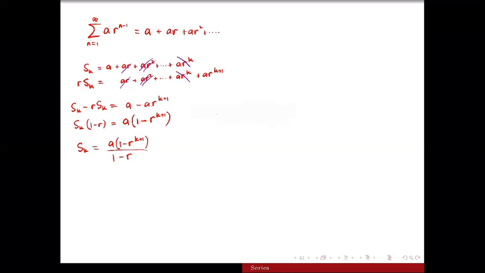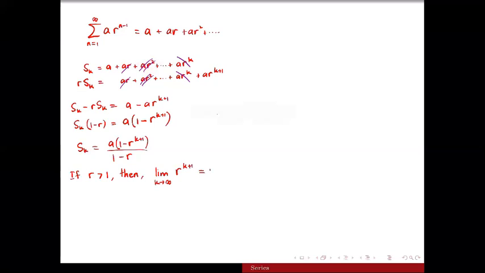Now, look. If r is greater than 1, then recall from your Cal 1 the limit of r to the k plus 1 as k approaches plus infinity.